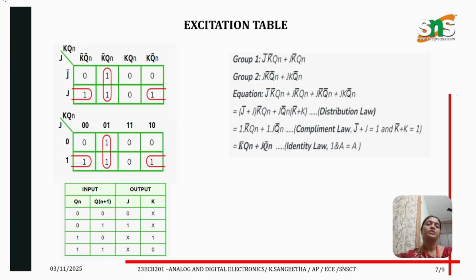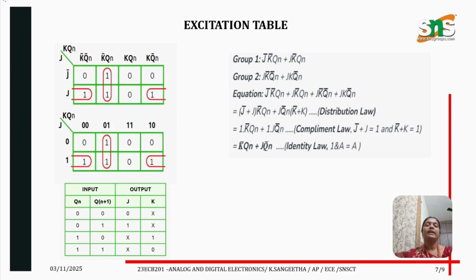Using this, we can derive the K-map by mapping Qn plus 1 using a 3-variable K-map, and we get group 1 as J bar K Qn plus J K bar Qn, and group 2 as J K bar Qn bar plus J K Qn bar.